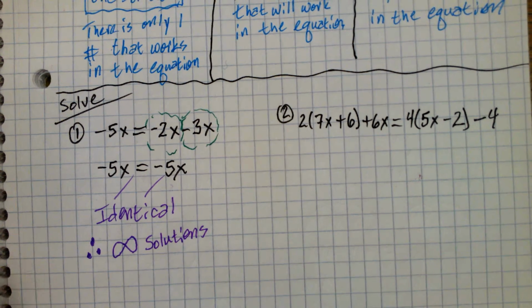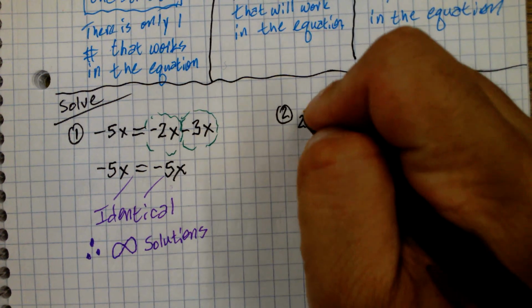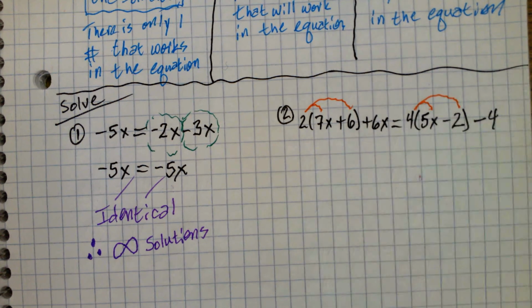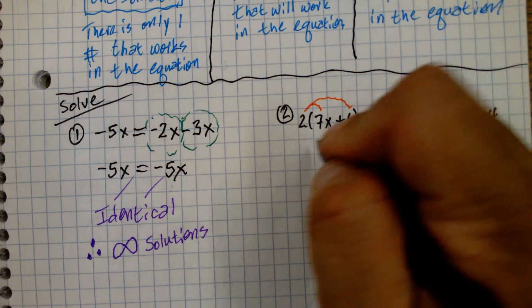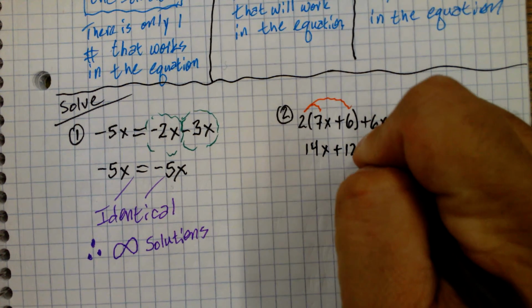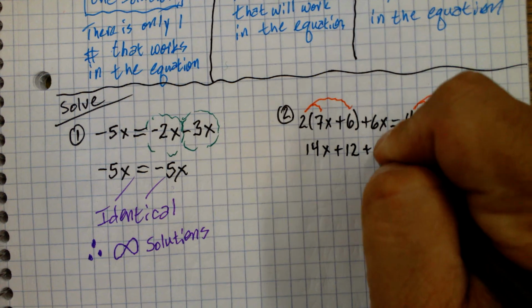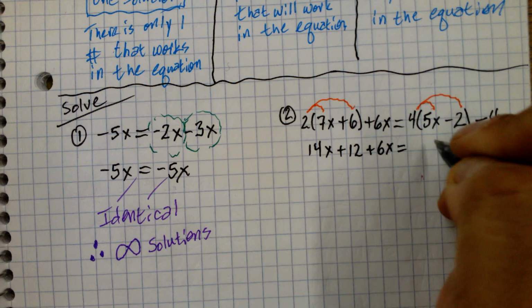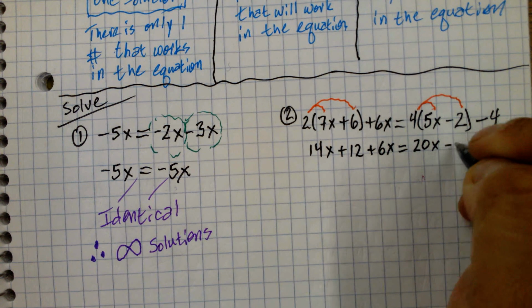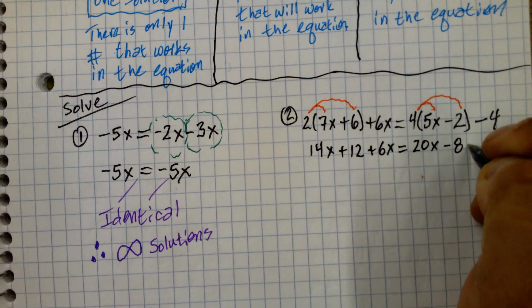Okay, so this one has a few more steps. Starting with distributing, we can distribute 2 here and 4 here. So let's see, we get 14x plus 12 plus 6x equals 20x minus 8 minus 4.